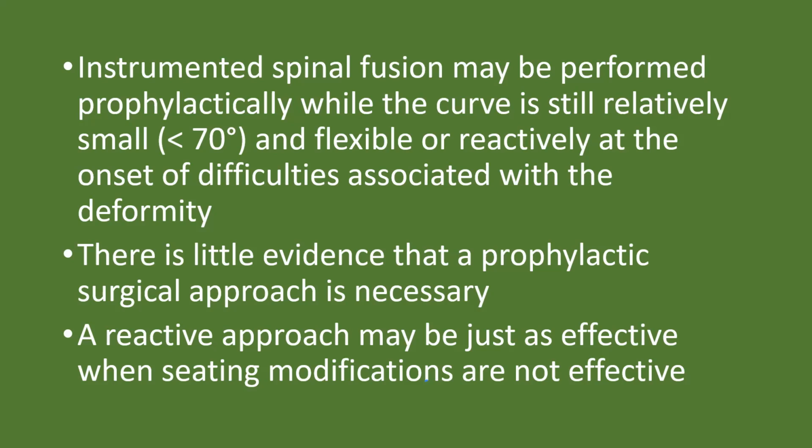A reactive approach may be just as effective when seating modifications are not effective. In other words, when you cannot compensate for this deformity of tilting of the pelvis, you have to resort to surgery, of course, if the comorbid conditions permit us.